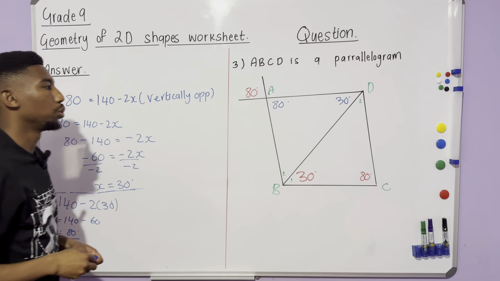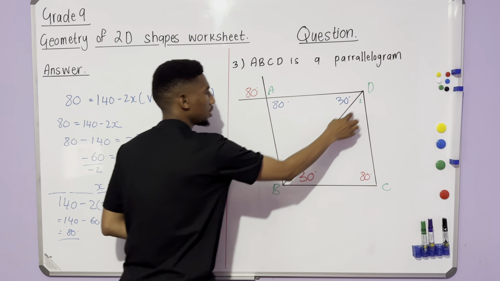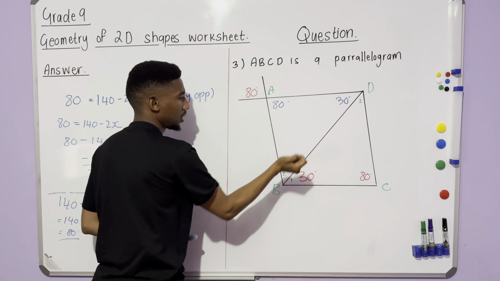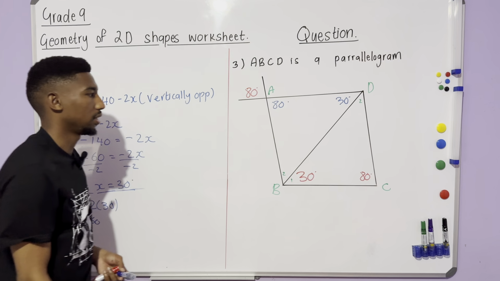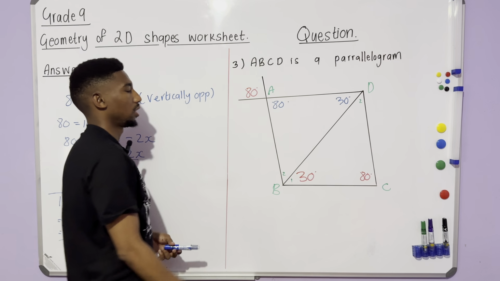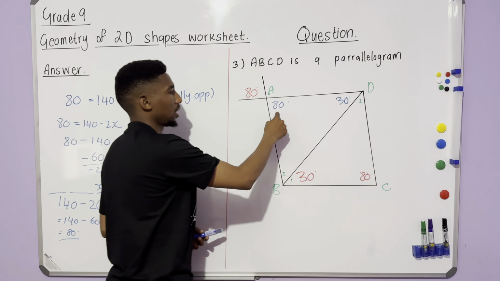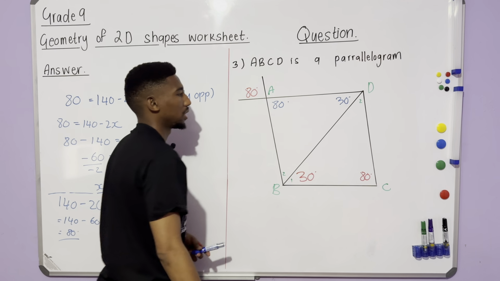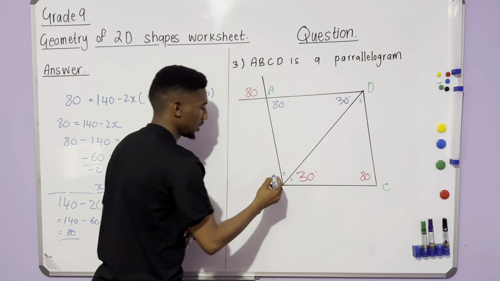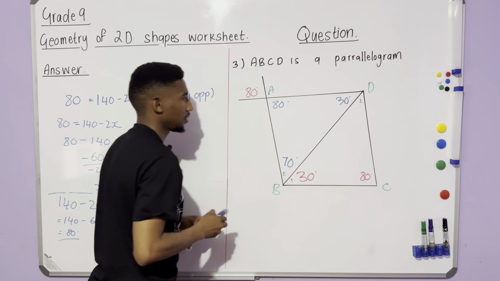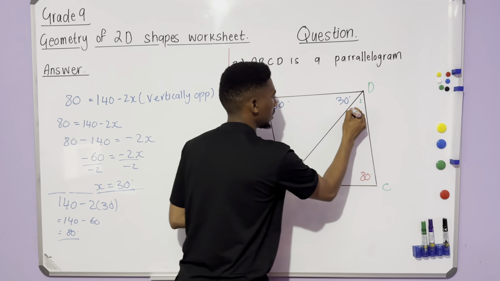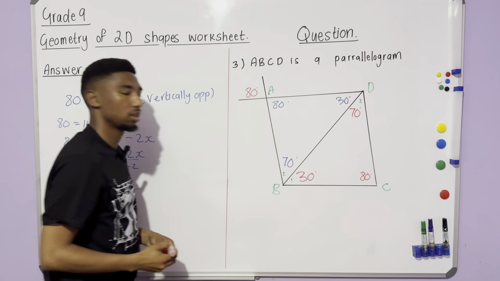And we can again use our triangle properties to find the last angle of this triangle or that triangle. That would be 180 minus 80, which is 100, minus 30, which is 70 degrees. So that is 70, and that is 70.